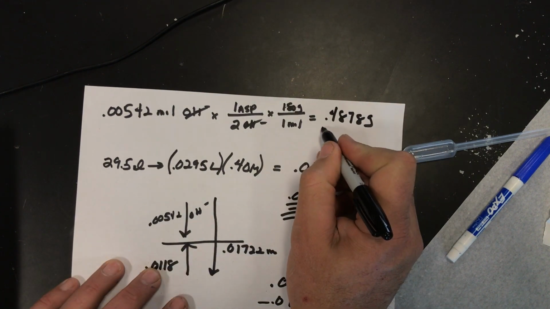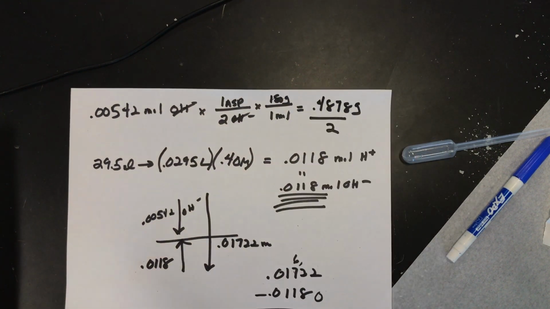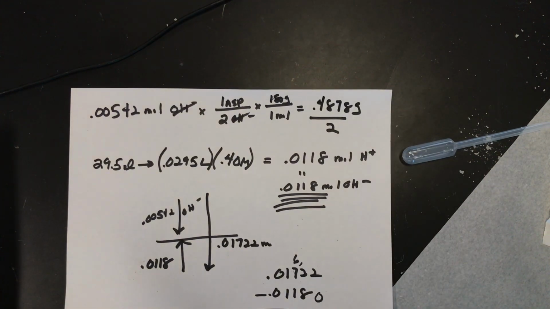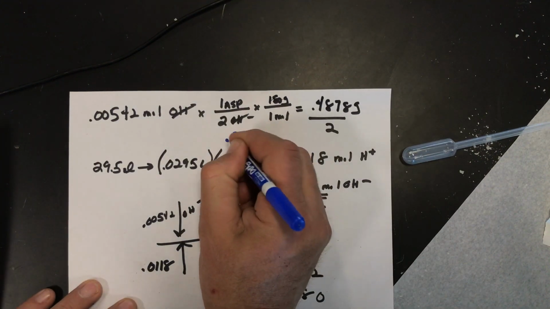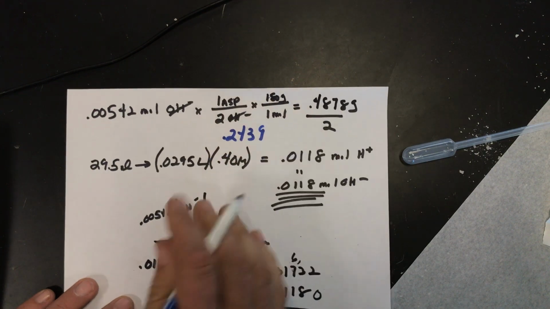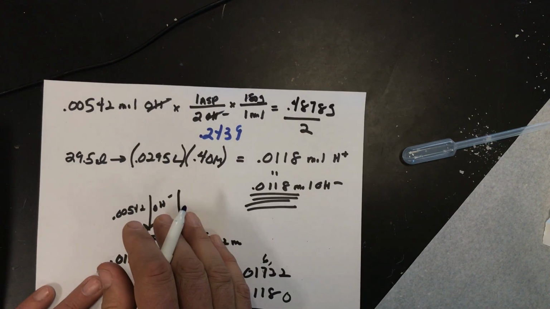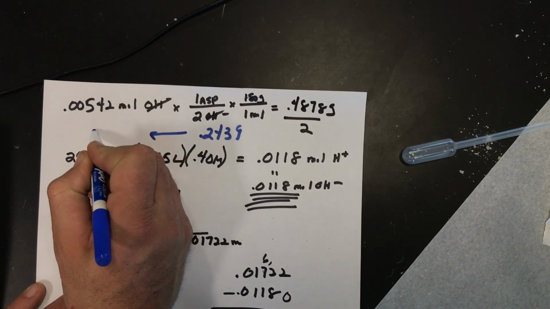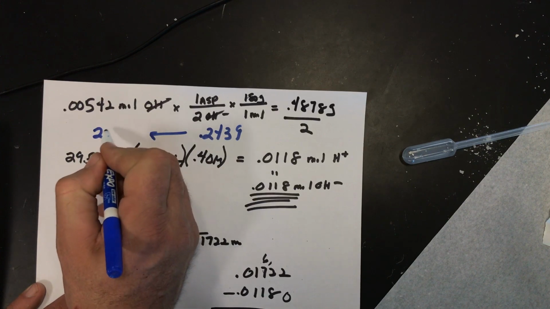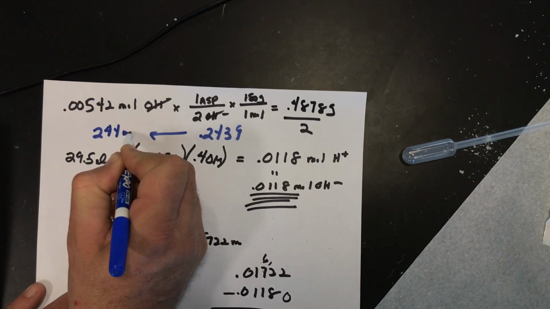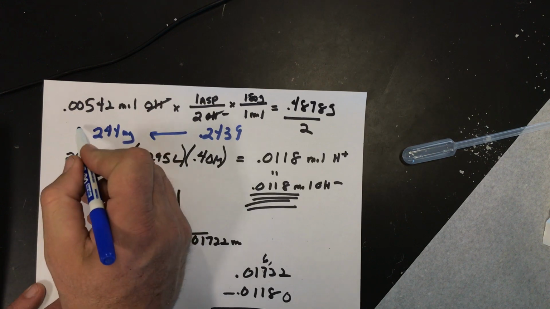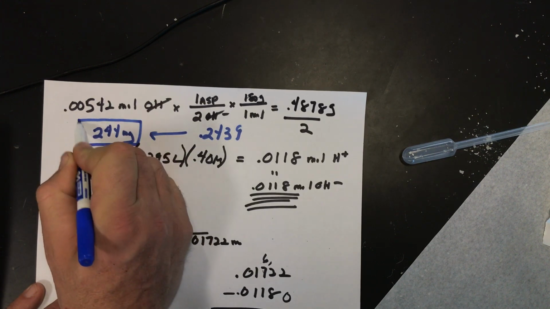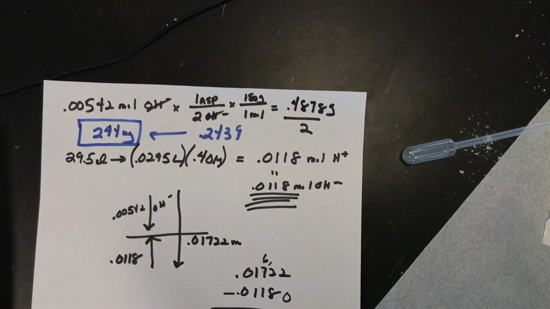We're going to divide by 2 because there were 2 tablets. Divide that by 2. What do you get? 0.2439. We times that by 1,000, because it's milligrams, and we get 244 milligrams.